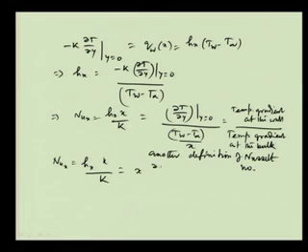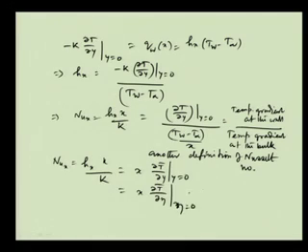So, ∂T̄/∂η, or rather y, at y equals 0. So, this can be written as x into ∂T̄/∂η at η equal to 0 into ∂η/∂y.